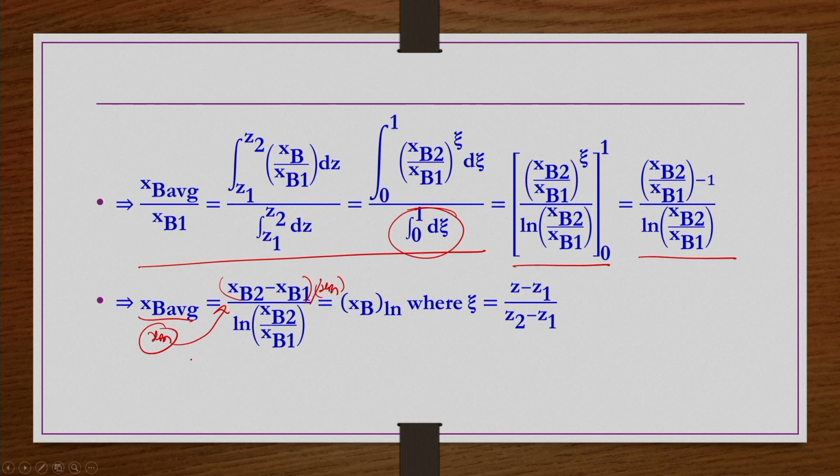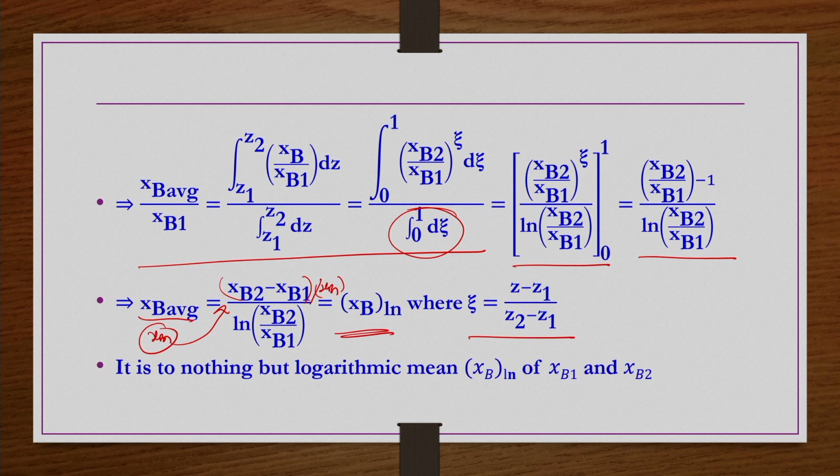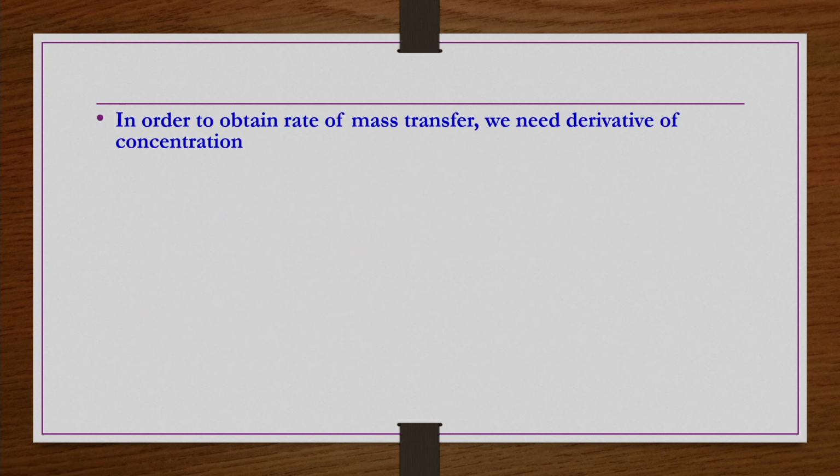So, we have only XB2 minus XB1 divided by ln XB2 by XB1. So, that is XB ln, which is the logarithmic mean of XB1 and XB2.